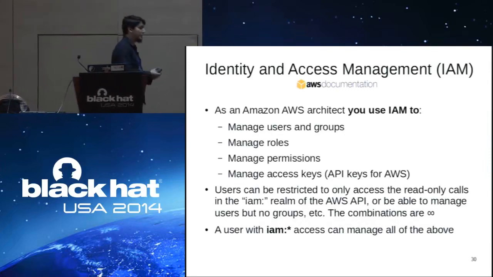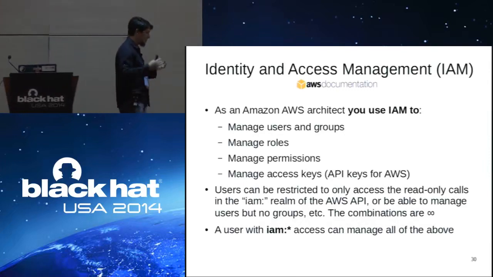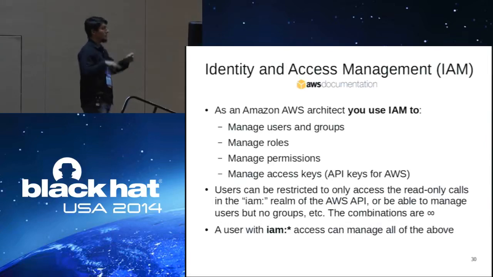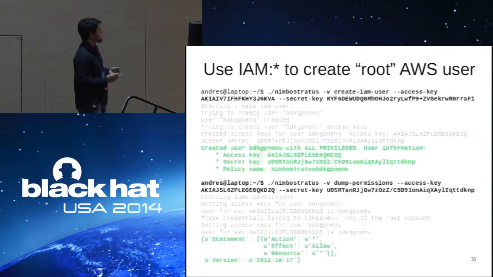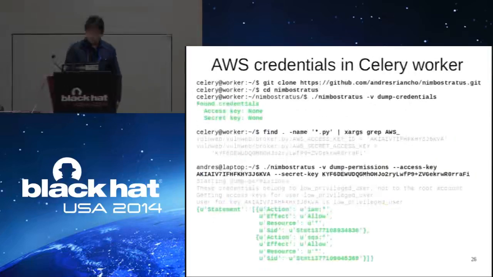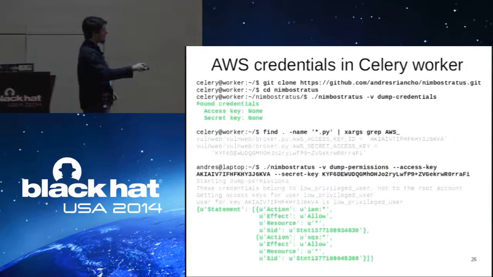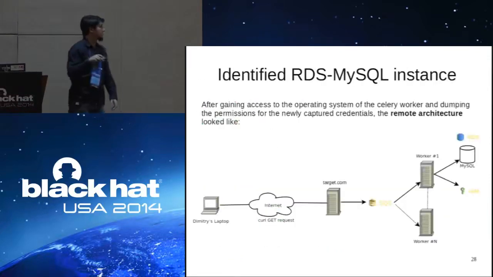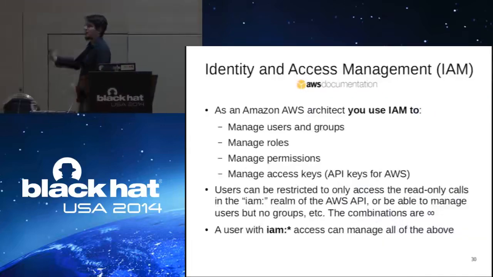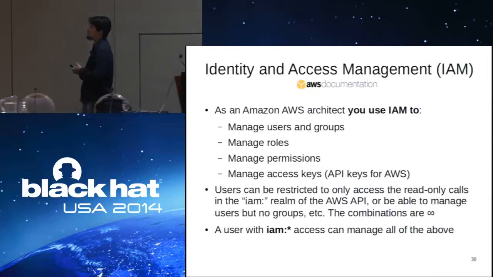Here, by mistake, and this is totally the fault of the guy configuring the permissions, because of this IAM star allow on any resource, we have access to performing any action in the IAM API.